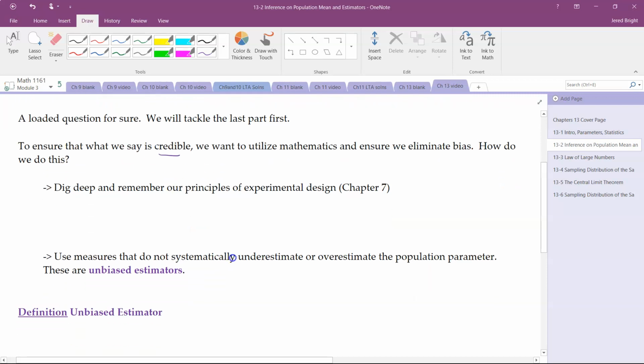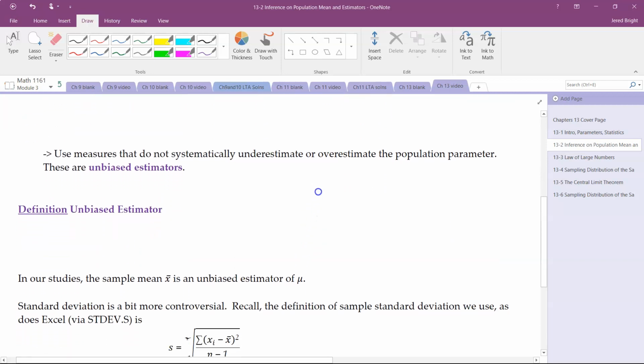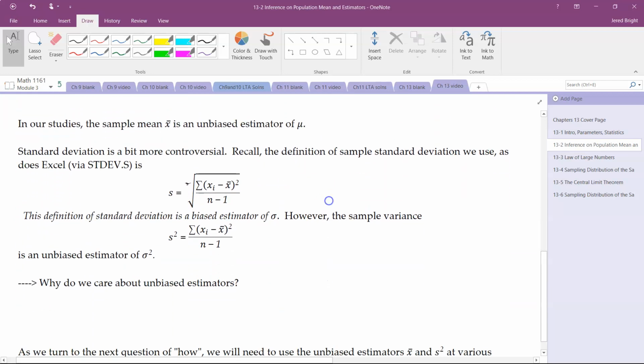That's a big theoretical concept in statistical theory that people have dedicated literally their whole lives to studying. We're not going to dig too deep into it, but we just need to know the unbiased estimators we're going to work with. X bar is an unbiased estimator of mu, so you can use X bar in formulating an estimate for mu, your population mean, or making an inference on mu. Sample standard deviation, on the other hand, is actually biased.